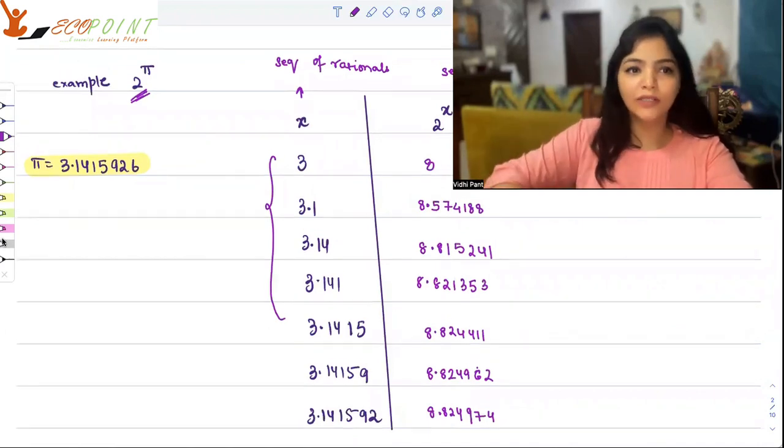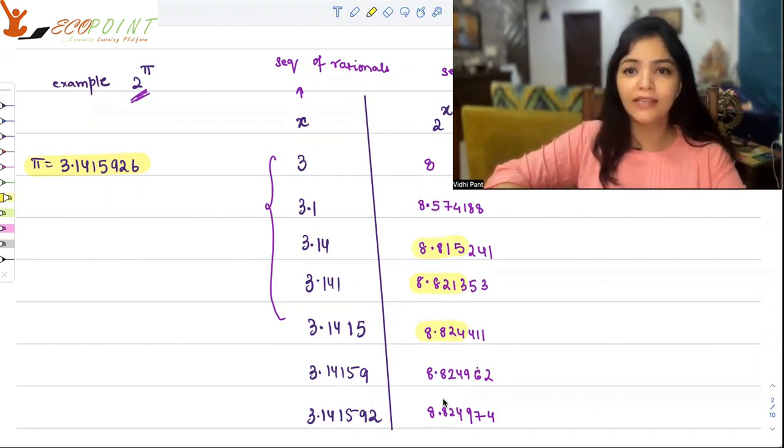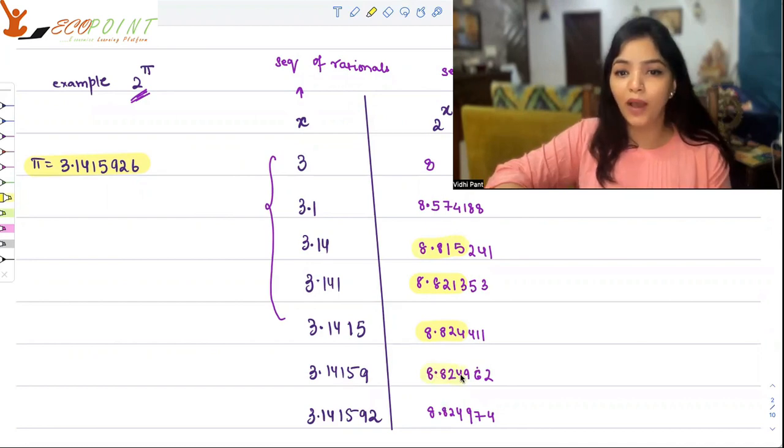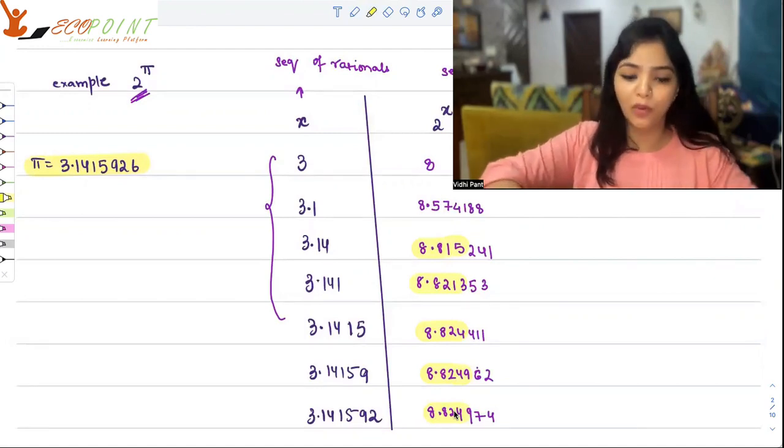So if you notice here, what's happening? As you're changing these rational powers, you are getting 2 to the power of whatever rational you are taking. What you must notice is that as these exponents are going towards pi, can you see that the sequence of 2 to the power is also approaching one particular number?